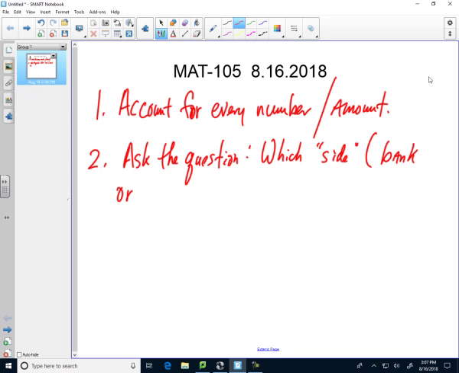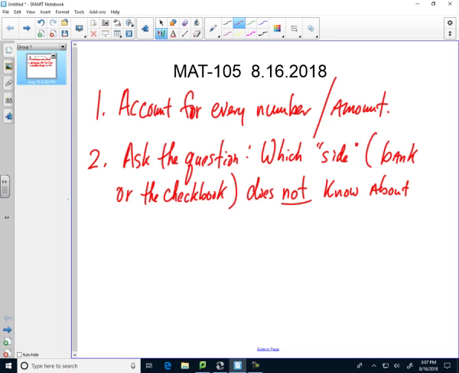How about, does the bank or let's just call it the checkbook, because it may not be yours. Which side does not know about a particular amount? And I'll show you what that means here in just a second. Okay?